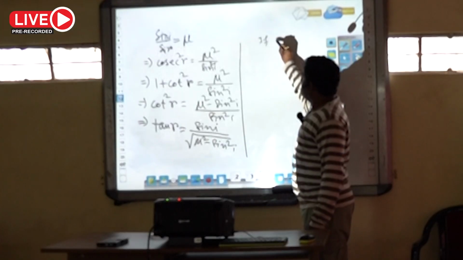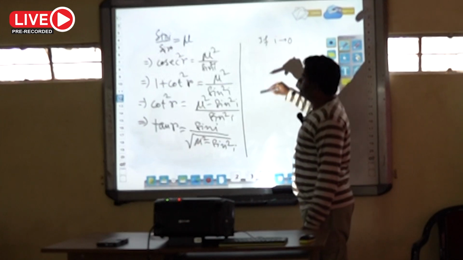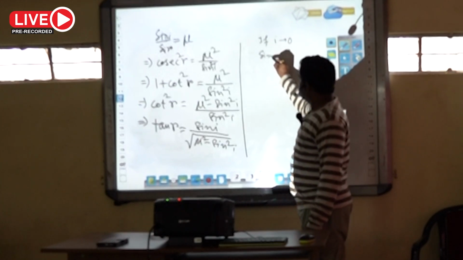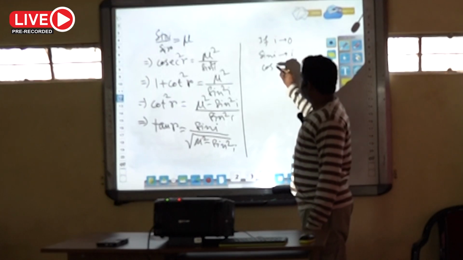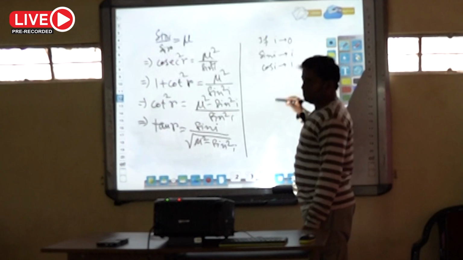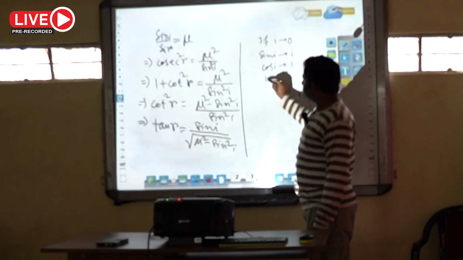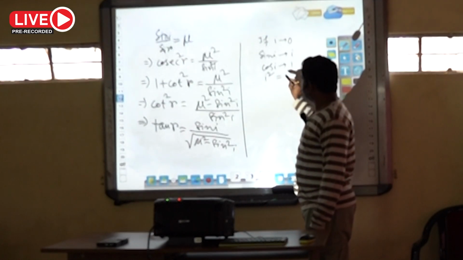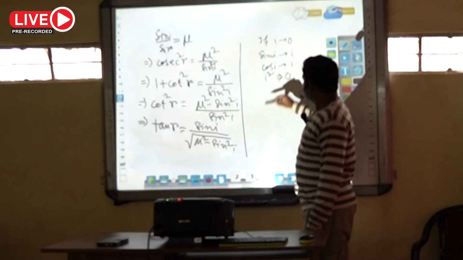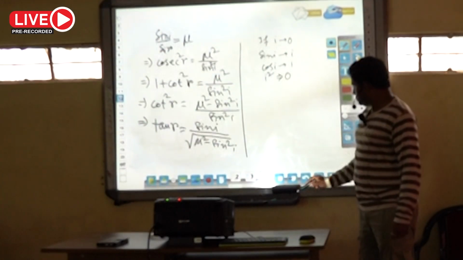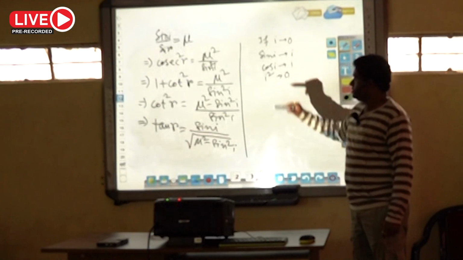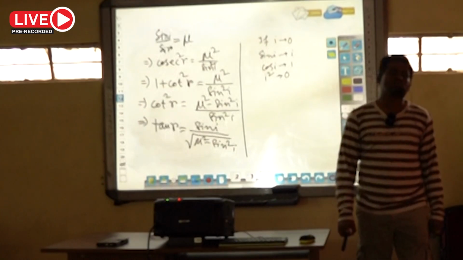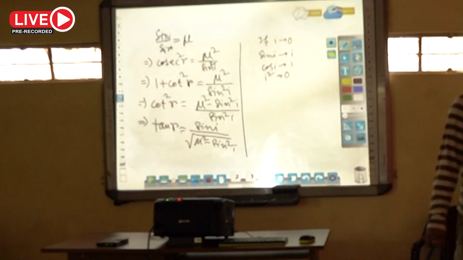If I tends to 0, then sin I tends to I, cos I tends to 1. And in any calculation, if I square comes, this will also tend to 0. I is very small, so I square onwards I can consider to be 0.